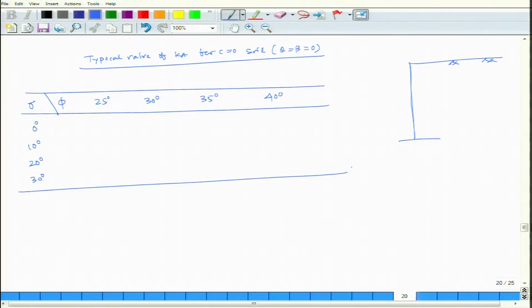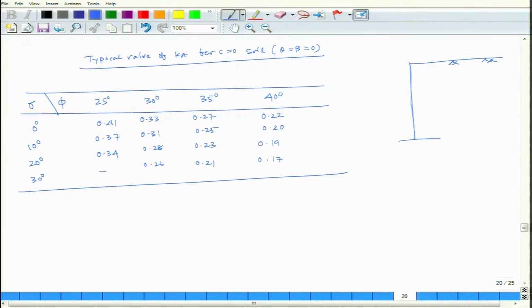In this case 0 degree it is your 0.41, 0.37, 0.34, 30 degree 0.33, 0.31, 0.28, 0.26, 35 degree it is 0.27, 0.25, 0.23, 0.21 and this is your 0.22 and this is your 0.20, 0.19 and 0.17.